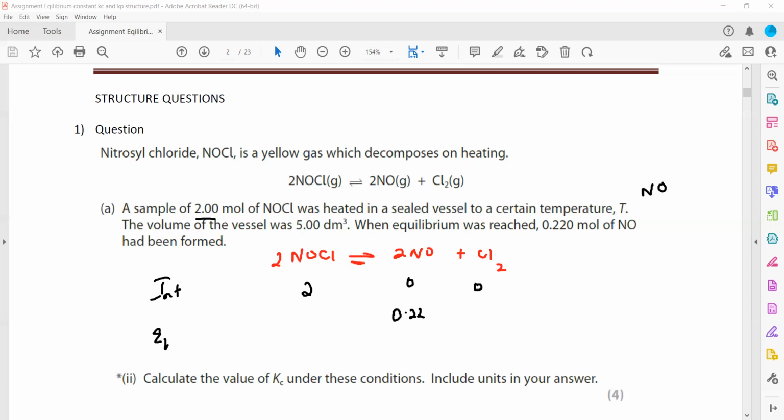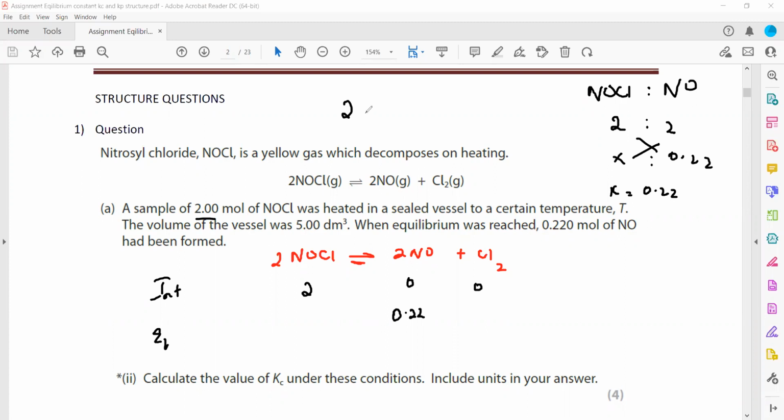We'll take a ratio between NOCl and NO, that is 2:2, or 1:1. So if we have 0.22 moles of a product, then the same 0.22 moles of reactant are used. But we need how many moles are left at equilibrium.